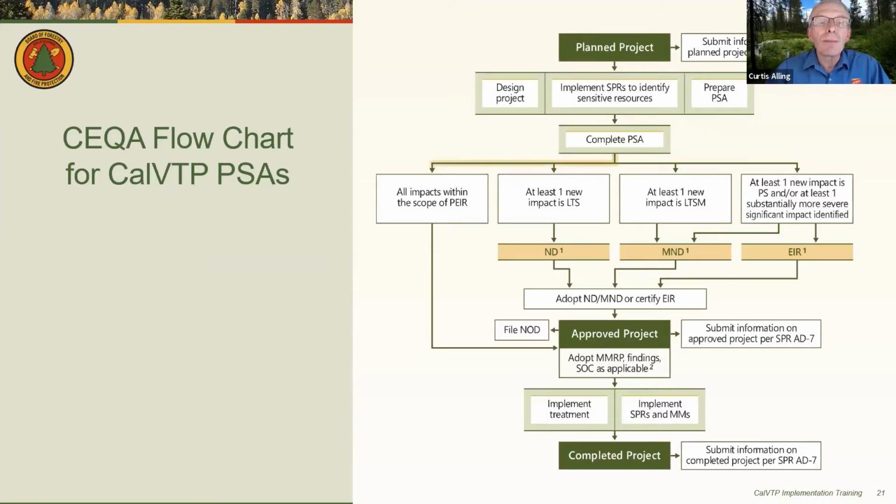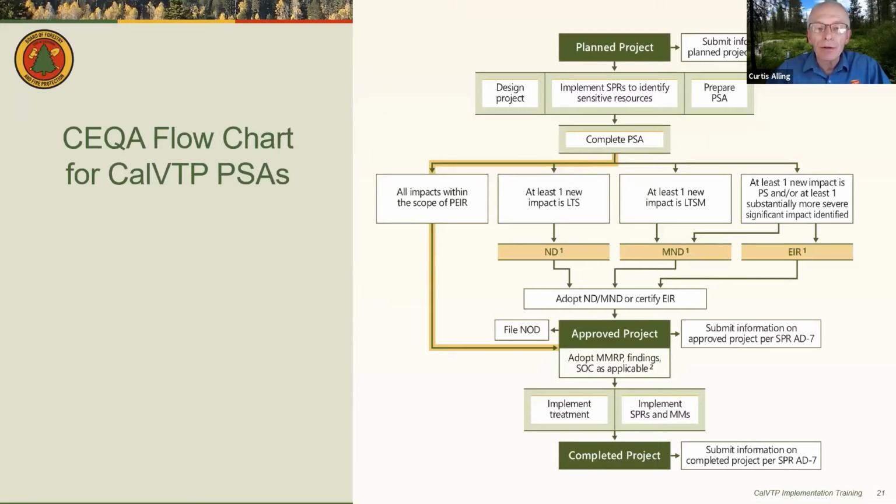First, you can have all impacts covered within the scope of the PEIR, and that's the express lane to project approval, as you can see from this. One thing I do want to mention, and they'll be covering this a bit more as we go forward, is that if there are certain changed circumstances, like not all of the project is within the state responsibility area, some is in local, then there are ways to prepare a PSA that also has an addendum, which also achieves the same streamlining because an addendum does not need to go out for public review.